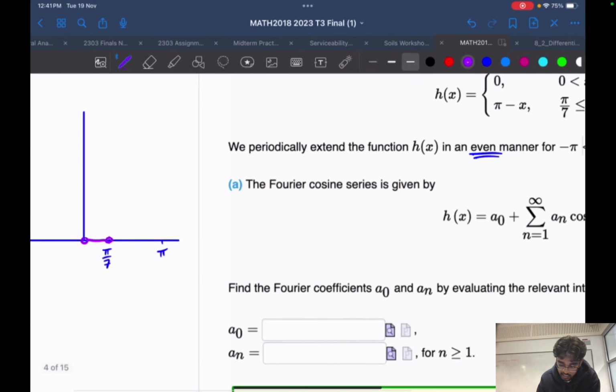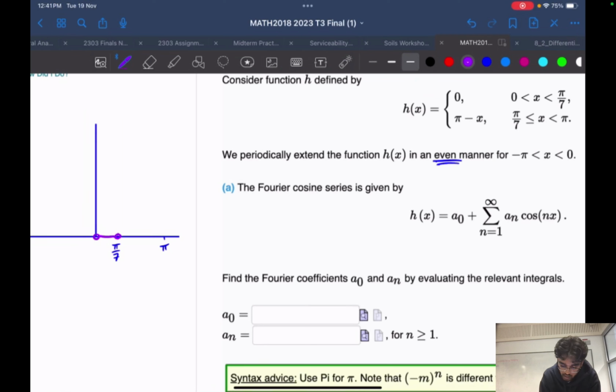And then at x equals to pi on 7, our function is equal to, what is that? 6 pi on 7 here, and then at x equals to pi, it's equal to 0. So I can just draw a straight line down like this. But this is 6 pi over 7.